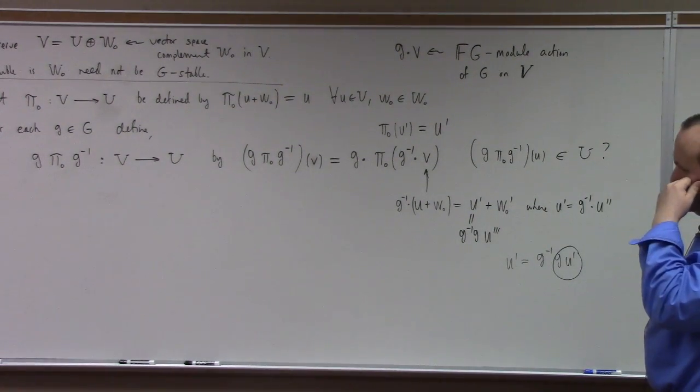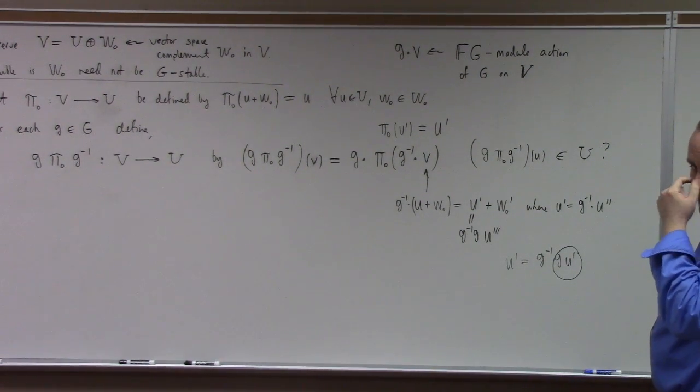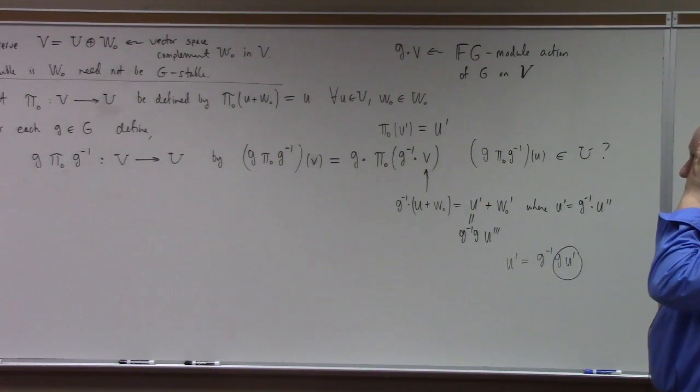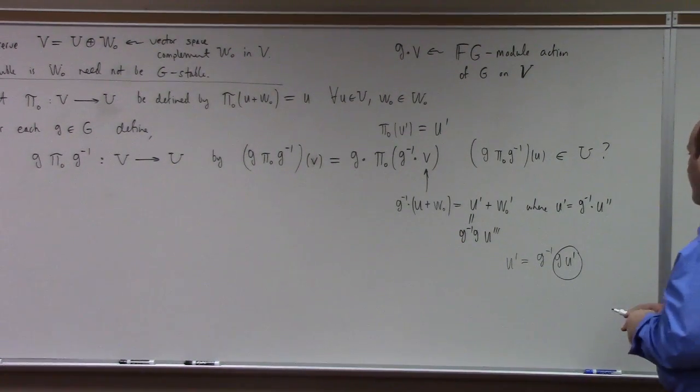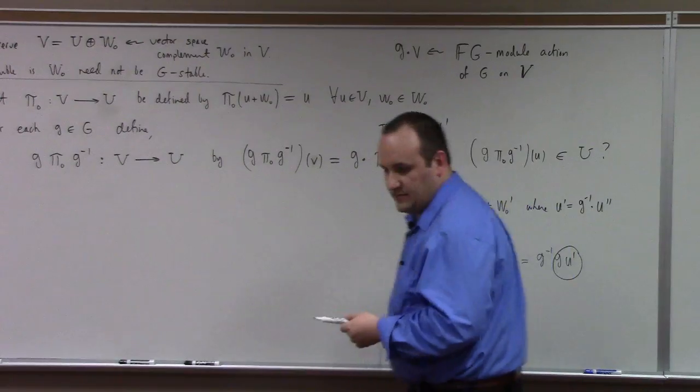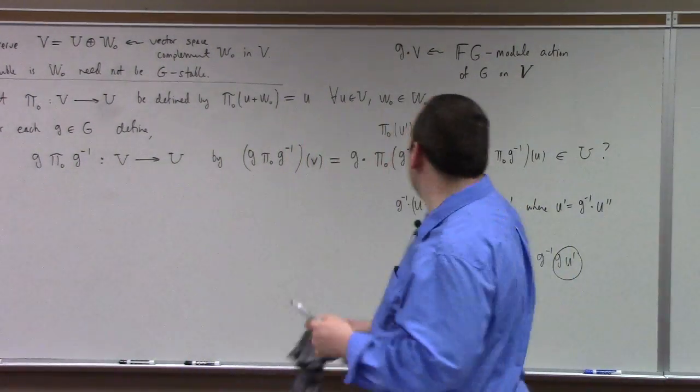But you're telling me U is G stable? FG submodules are G stable subspaces of V. Yeah, so U is G stable. Oh, well then this is easier. Sorry, I'm an idiot. You already knew that.